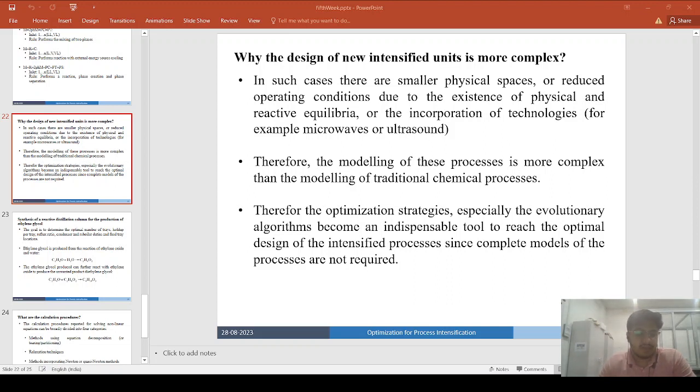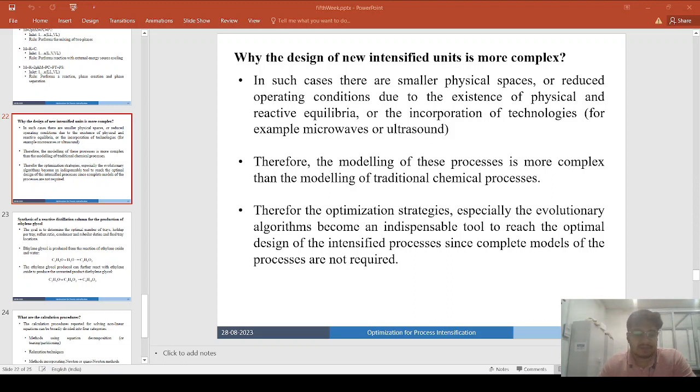Now for another application, distillation with a reactor for the desulfurization process of diesel, the competing results between the total annual cost, CO2 emission and the amount of sulfur compounds that the hydrodesulfurization processes are discharging can be analyzed.